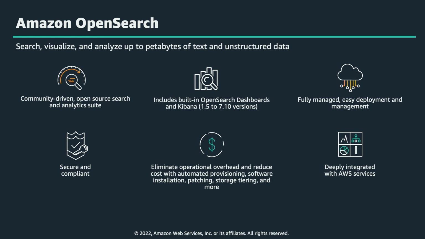And then we don't have this on the screen, but it's also tightly integrated with other AWS services. This is one of the benefits. So things like seamless data ingestion from DocumentDB, for example, and then we also have things like Kinesis Data Streams that you can integrate with Elasticsearch natively.